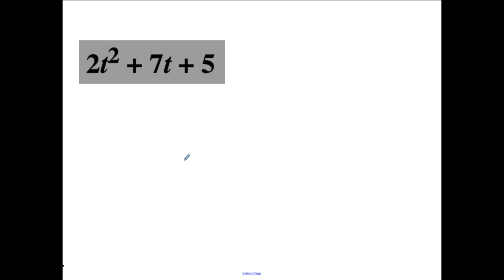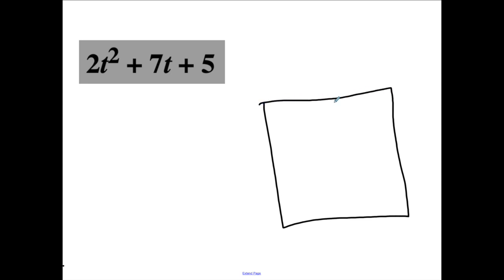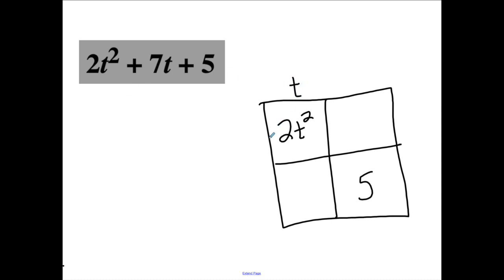Okay. Last one here, I've got this one right here. So I build my box, set it up, boom, boom. So up top left, 2t squared, bottom right, 5. All right, this one's not so bad because remember, first of all, let's set up, how do I get my t squared? Let's make these t's, right? T times t is t squared.